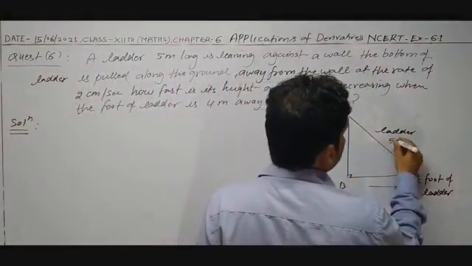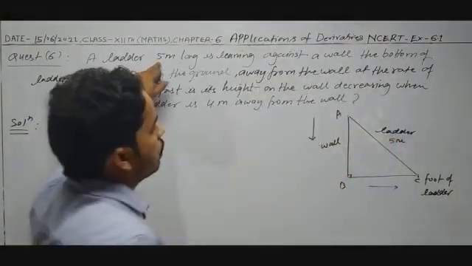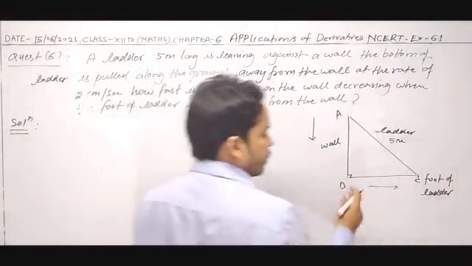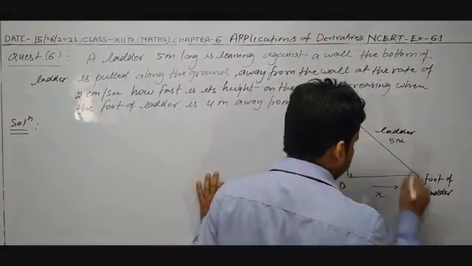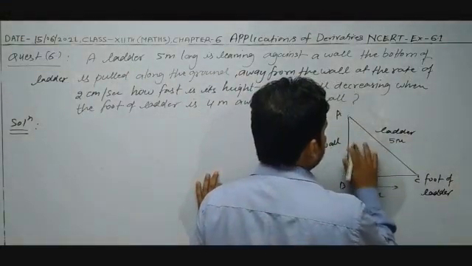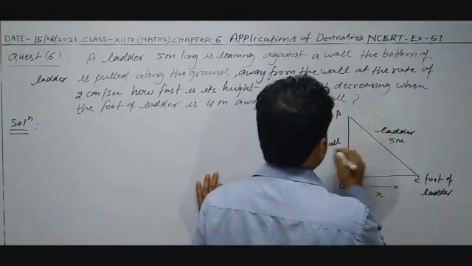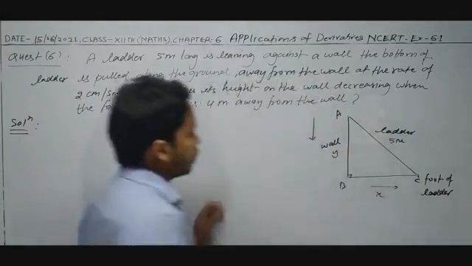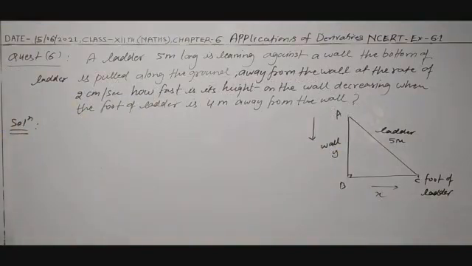It is given this is 5 meter, and suppose BC length is x and this length is y, means height of wall is y.